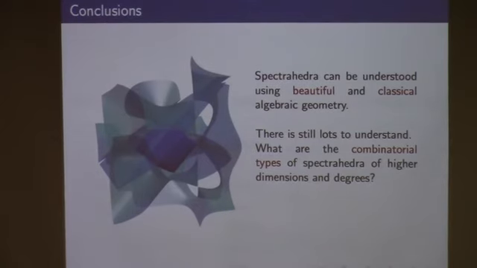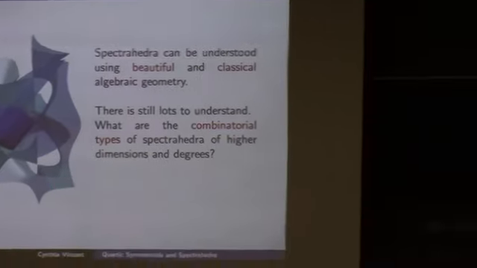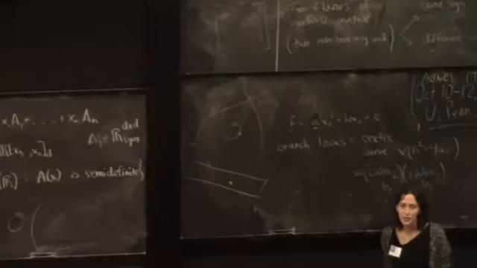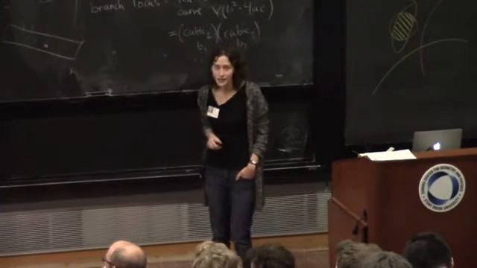So maybe I'll conclude and just say that the study of spectrahedra and symmetroids and determinantal surfaces is beautiful and classical and involves things from a lot of different areas of mathematics. And in particular, there's still a lot of things that are open and unknown about them. Certainly algebraic geometry is part of the solution to that. With that, I will leave your attention.